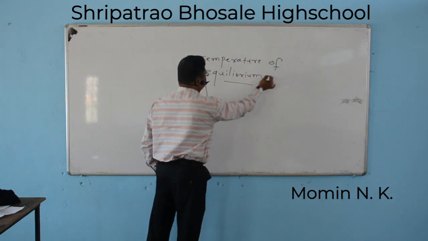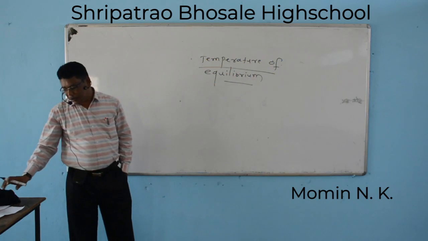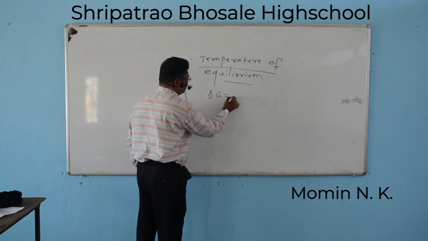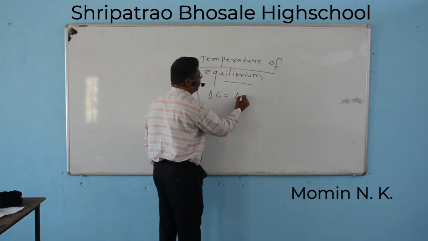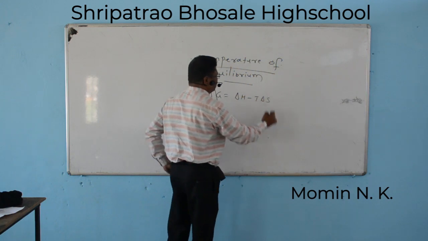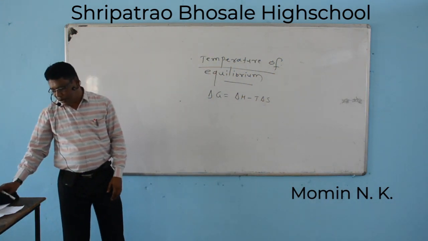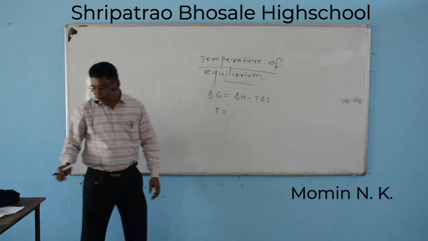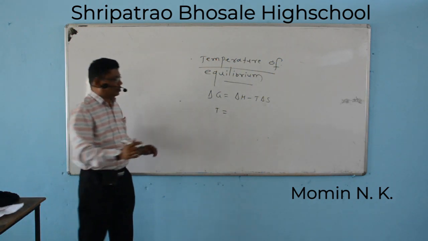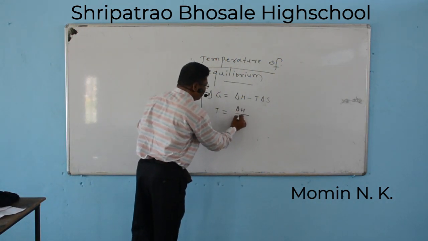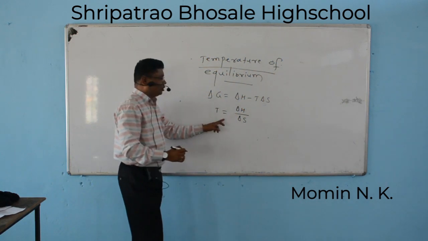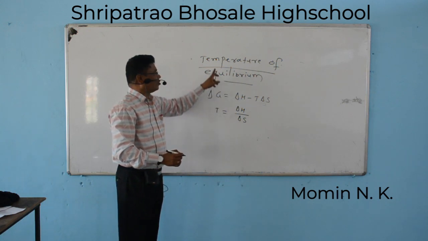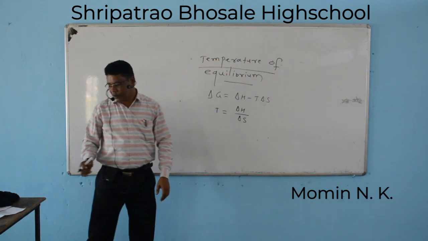You know that from the equation delta G is equal to delta H minus T delta S, we can write the equation T is equal to delta H upon delta S. So from this equation we can decide at what temperature the reaction is spontaneous. That is called the temperature of equilibrium.